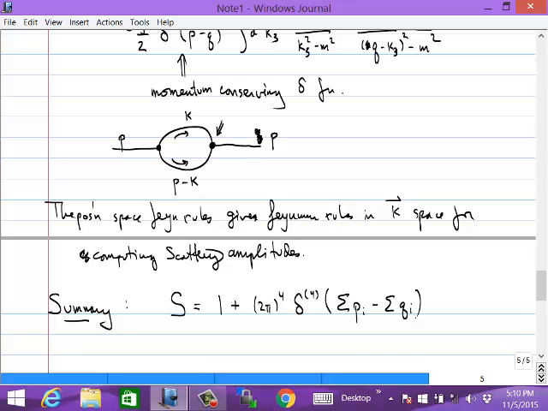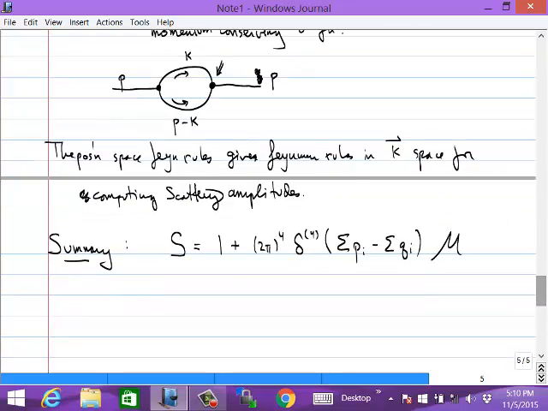So when we talk about scattering amplitudes, in order to prevent having to always write down these momentum conserving delta functions that say that the total incoming momenta is equal to the total outgoing momenta, we'll just define something that I'll call M, which is known as the scattering amplitude.